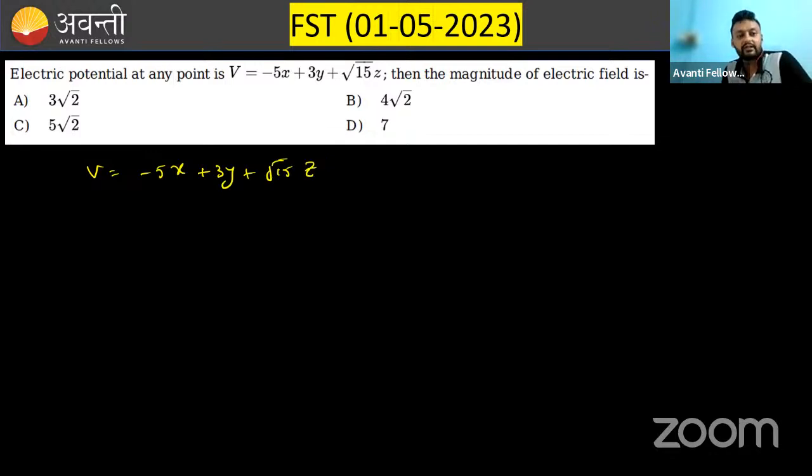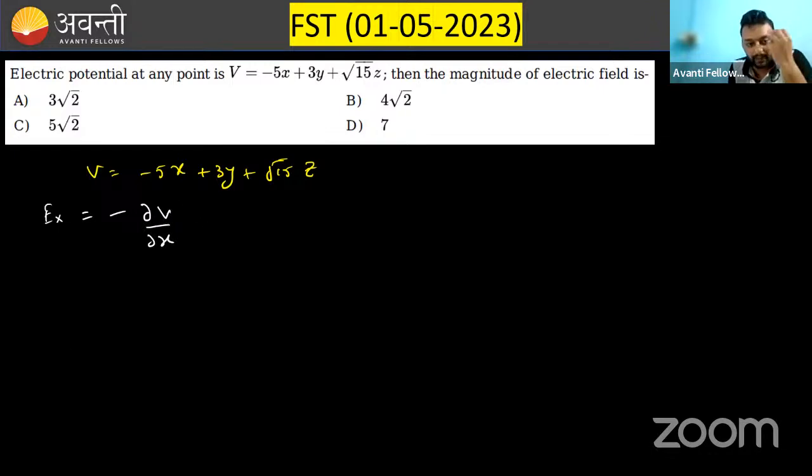They are not asking for the electric field, they are asking for the magnitude of the electric field. I think everybody remembers that if potential is given, then the electric field in the x direction is minus the partial differentiation of potential with respect to x.